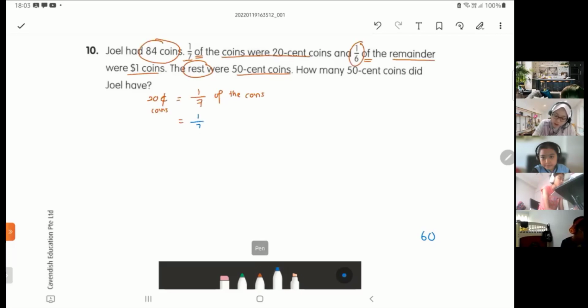So 1/7 of means times the coins, I know it is 84 over 1. 7 and 84, you can cross multiply and reduce. 7 divided by 7 is 1. 84 divided by 7 is 12. Okay, so it's 12. Let me double check.